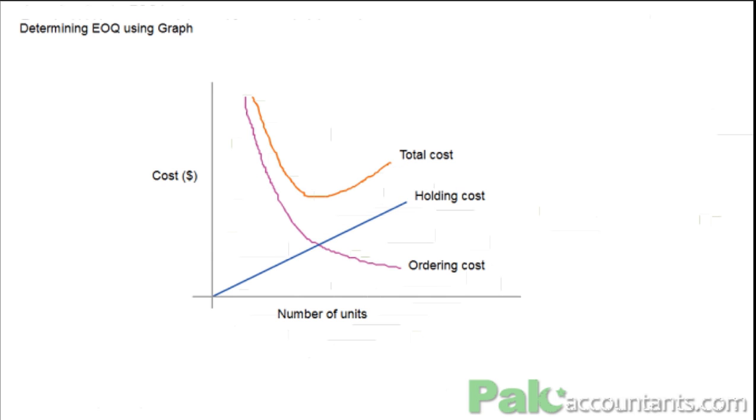Okay, now just like in the mathematical method, we have understood that the point where ordering and holding costs are equal to each other will be the point at which your economic order quantity lies.